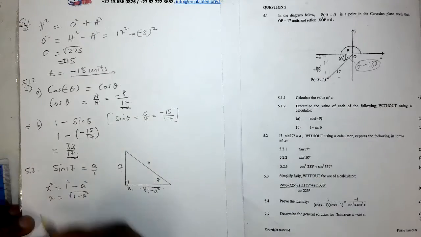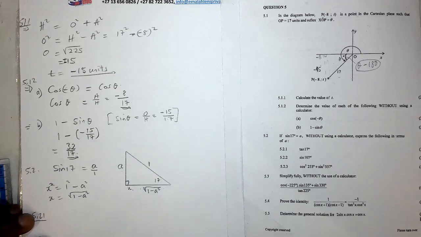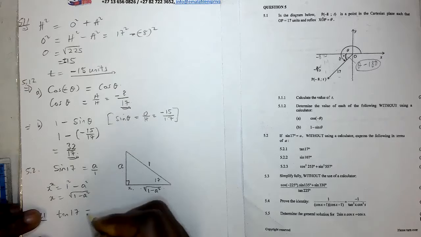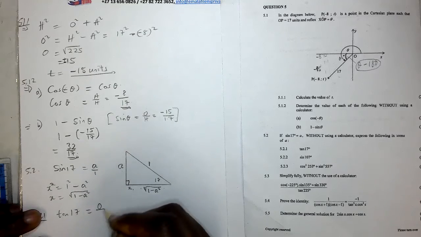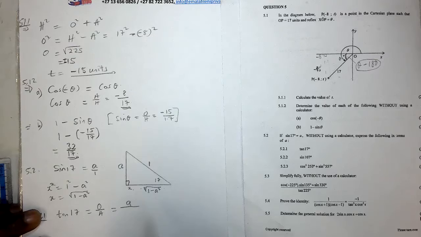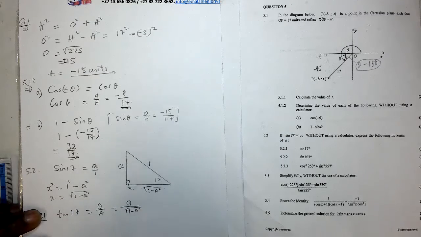Now let's see 5.21. It's saying tan 17. We know that tan 17 is equal to opposite over adjacent. What is our opposite? It's A. The adjacent to the angle is root of 1 minus A squared.